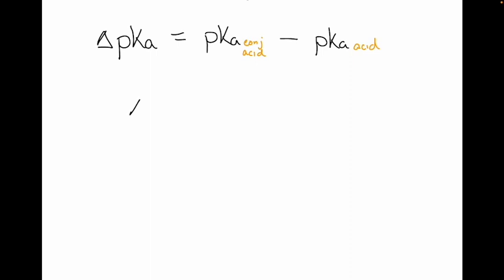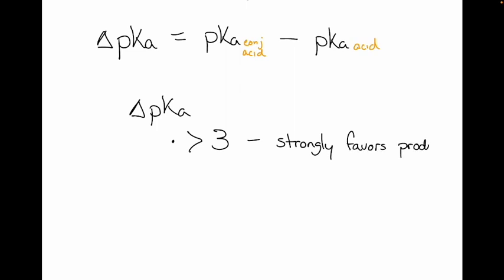If this delta pKa is greater than 3, this is a reaction that strongly favors the products, a reaction that we would say basically goes to completion. You mix these two things together, it's going to give you basically 100% product in this mixture.